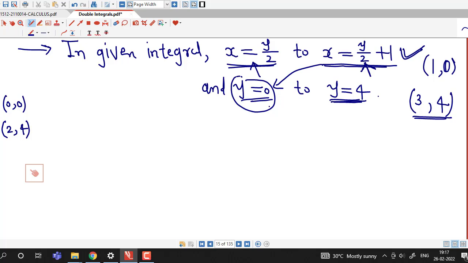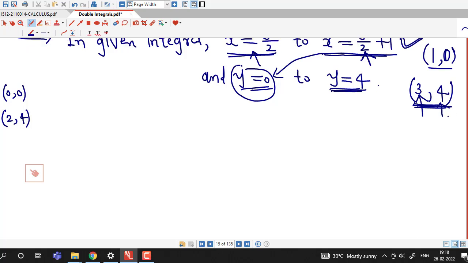So it is better to decide the points of intersection for given curves so that we can easily sketch the region of integration, and we can decide appropriate scale also. From these four intersecting points, we can say that maximum scale on x-axis required is 3 and maximum scale on y-axis required is 4. So now we sketch this region of integration in the xy plane.